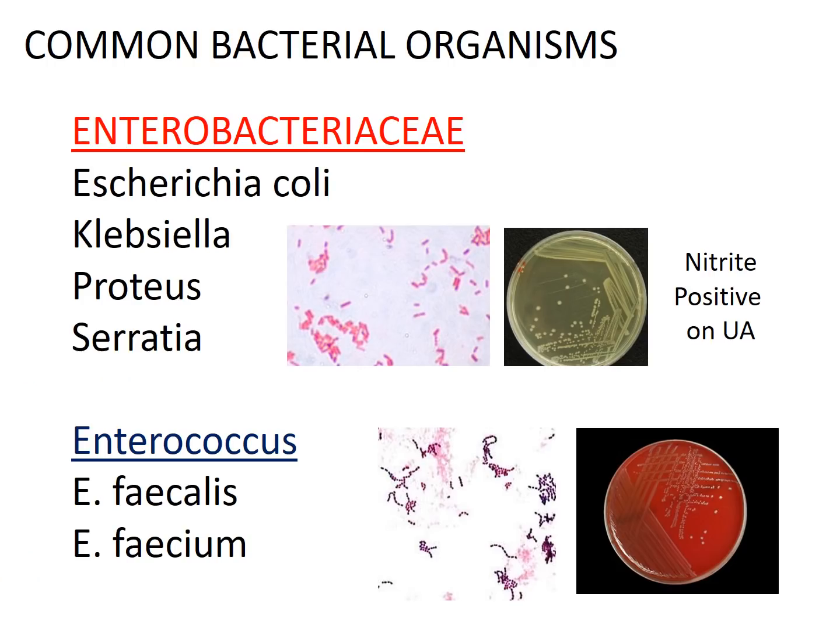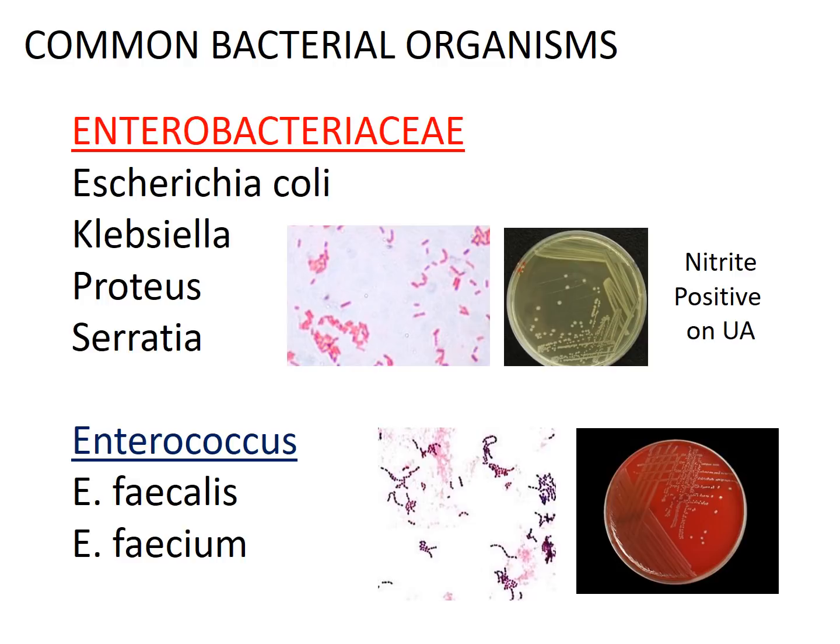Common bacterial organisms, most of them are the gram negatives like E. coli, Klebsiella, Proteus, and Serratia. Some gram positives that can cause urinary tract infection are the Enterococcus. Those are typically seen more commonly in individuals who have been hospitalized, individuals who've had some type of instrumentation of the urinary tract, or in the elderly.